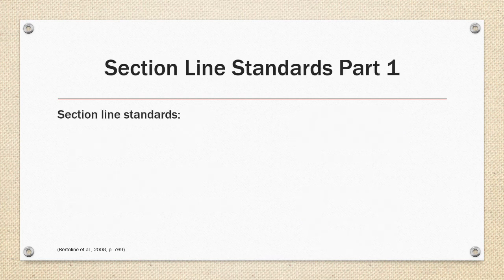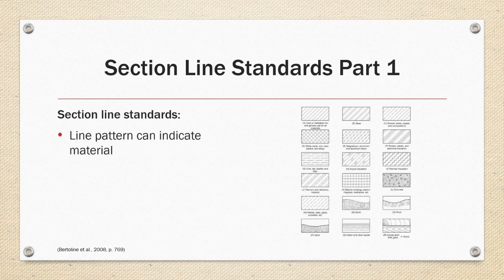ASME Y14.5 also has standards for section line patterns. The pattern of the section lines may be used to indicate material if standard ASME patterns are used, which are shown on the right. This graphical convention is not to be a substitute for full material specifications in the title block or bill of materials.